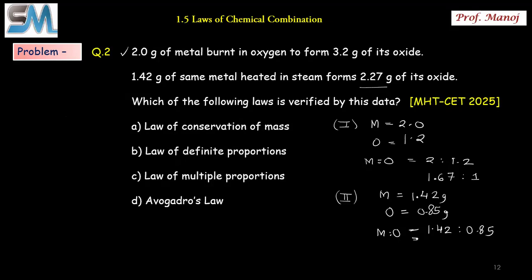If I divide the entire number by 0.85, I get the answer 1.67:1. So since both the ratios are similar, this talks about the law of definite proportion. The way we had taken the question, you can see a very similar question came in the exam of MHT CET.